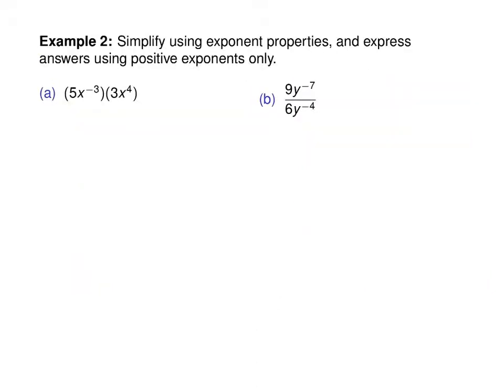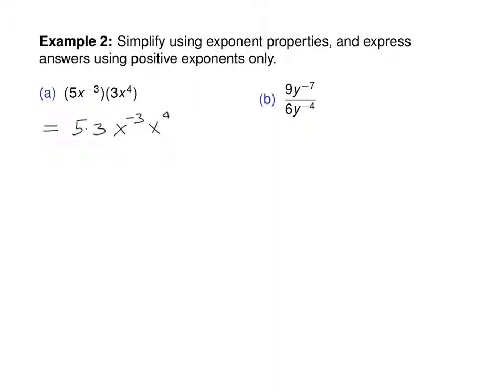All right, so this one. 5x to the negative 3, 3x to the 4th. So multiplication is both associative and commutative, which means I can change the grouping and I can change the order. Does that make sense? So I can change this into 5 times 3, x to the negative 3, x to the 4th.